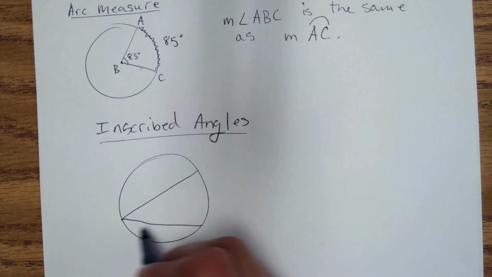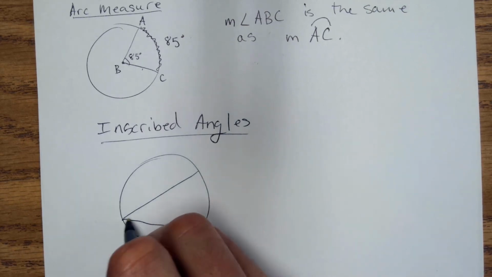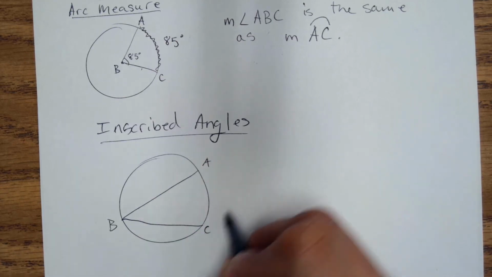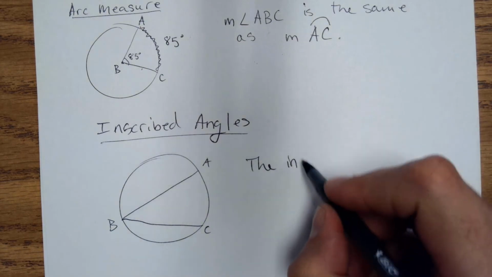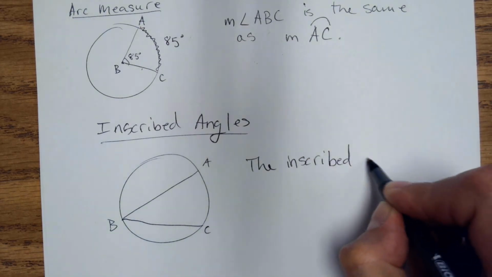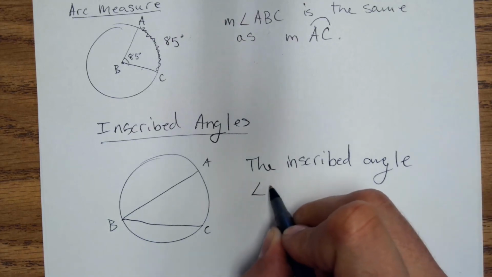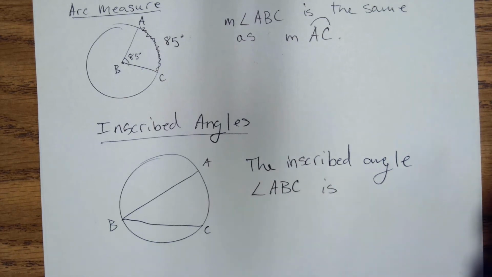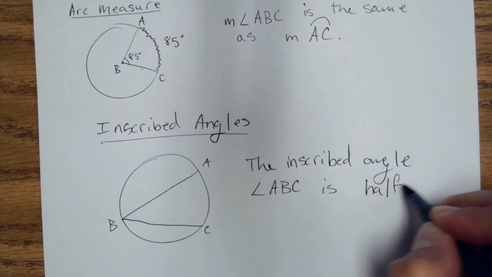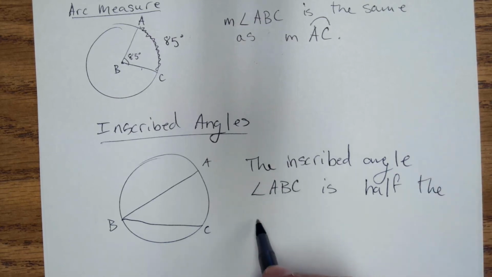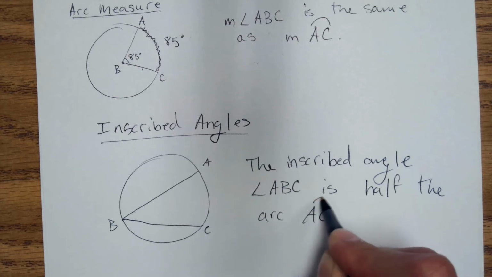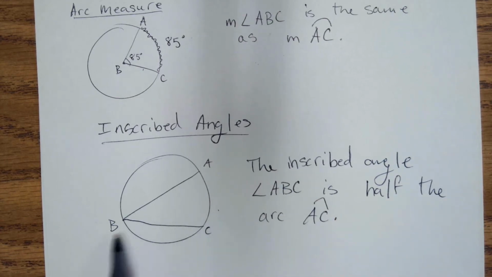So what I'm going to say is, let's call this A, B, C. The inscribed angle ABC is half the arc AC. So we can just jump from those two things.